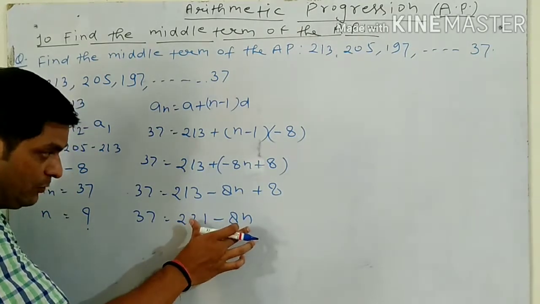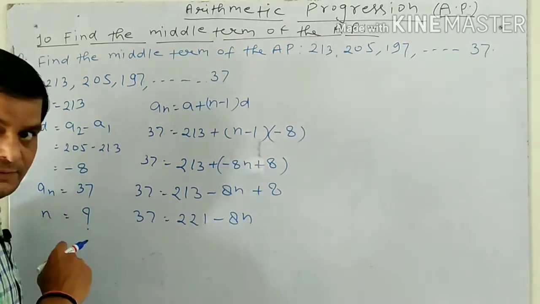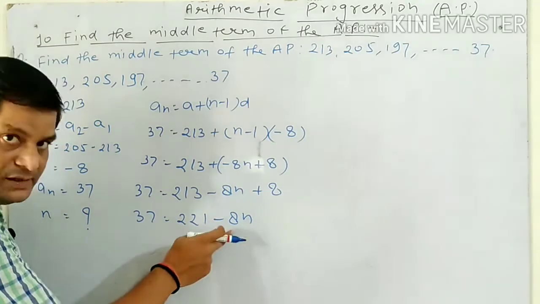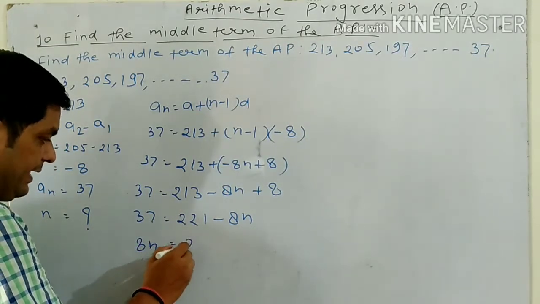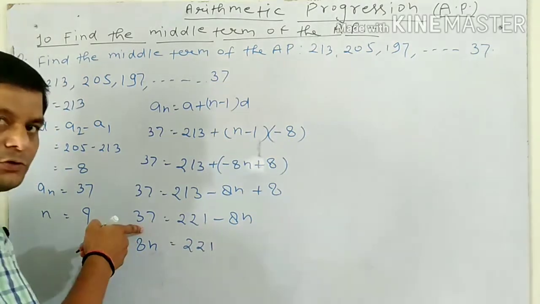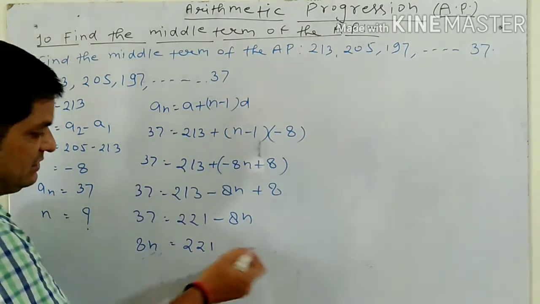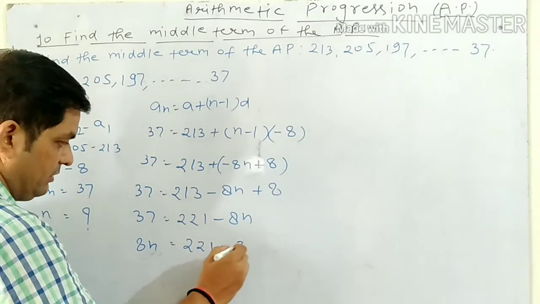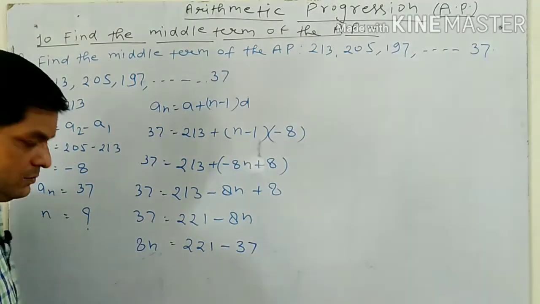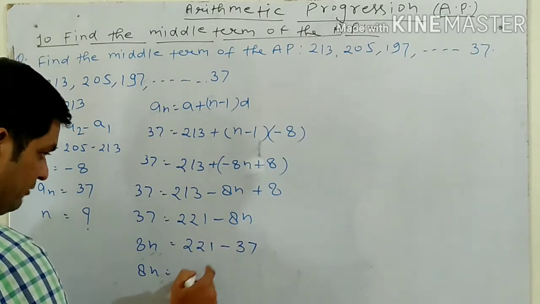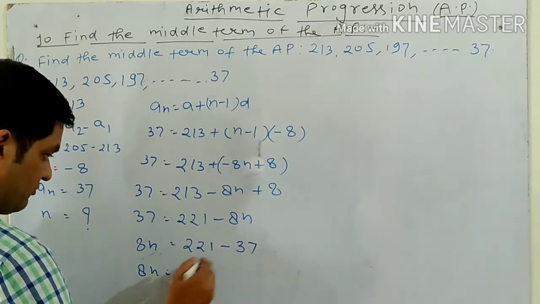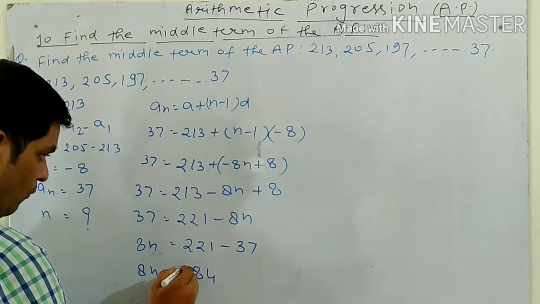Here again mostly students do the question wrong. What do we have to transfer? The variable minus 8n is transferred to this side and the constant term is transferred to the other side, so it will be minus 37. Now 221 minus 37 is 184.